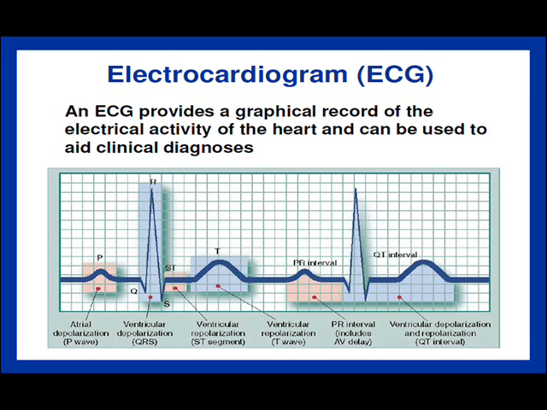There's the next beat, okay? And we've got different leads that we can look at as well. This is a 12-lead ECG. Obviously, we've got voltage on the y-axis, okay, voltage. And then we've got time on the x-axis. That's your intervals.